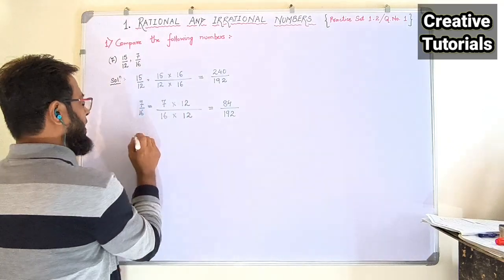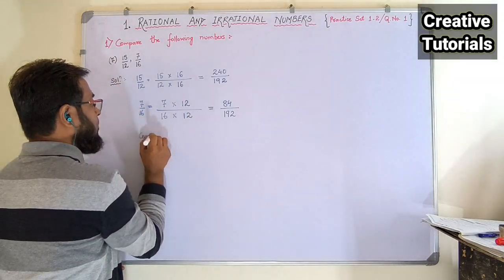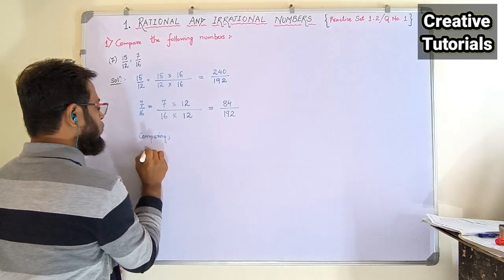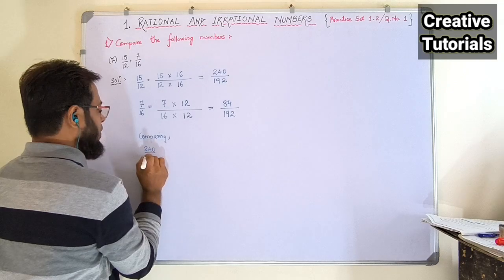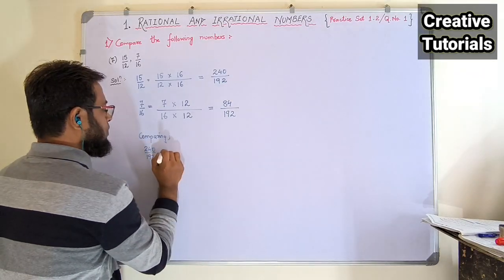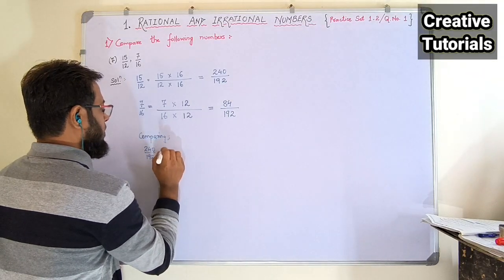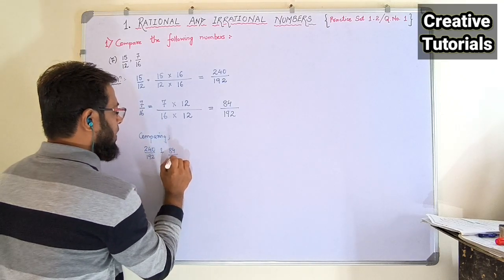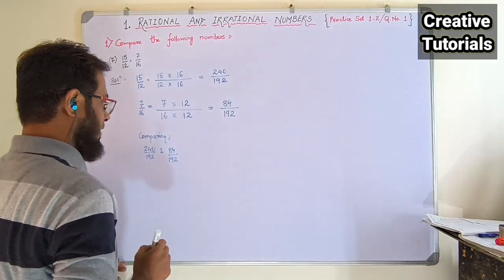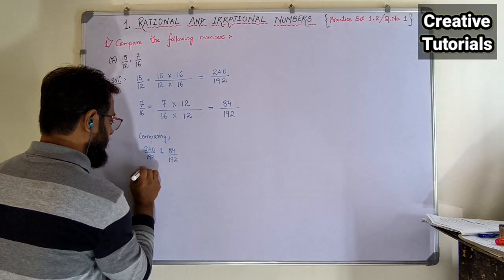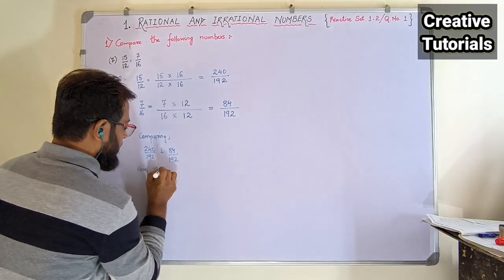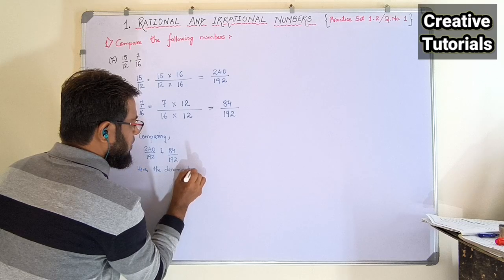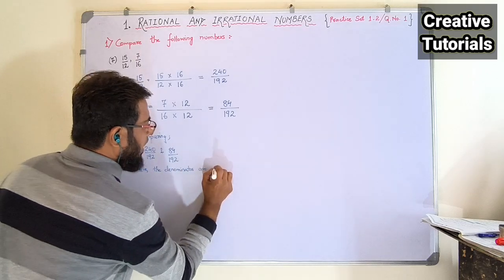Now we'll write, comparing 240 upon 192 and 84 upon 192. Here the denominators are the same.